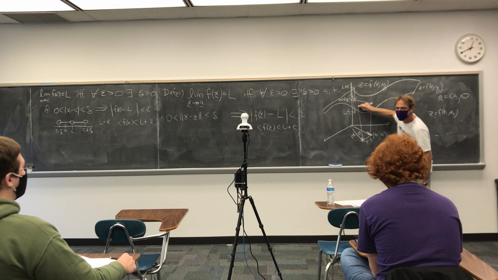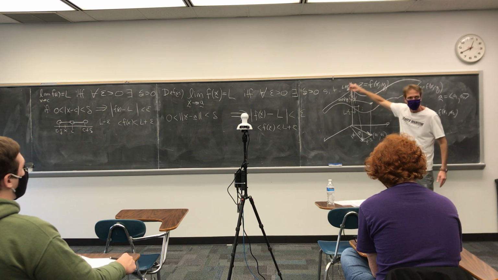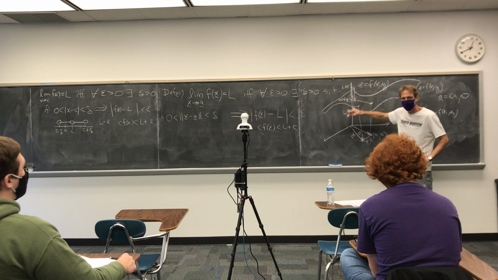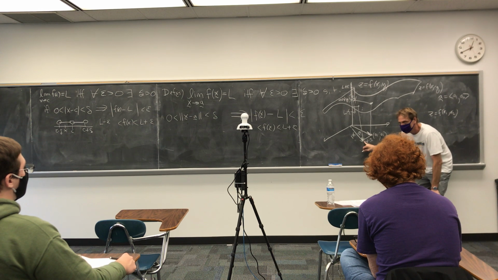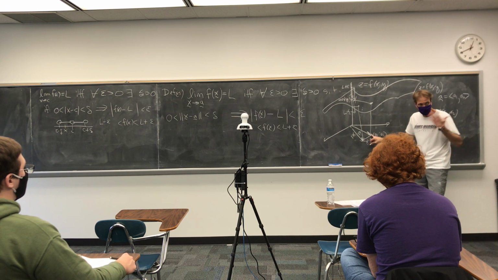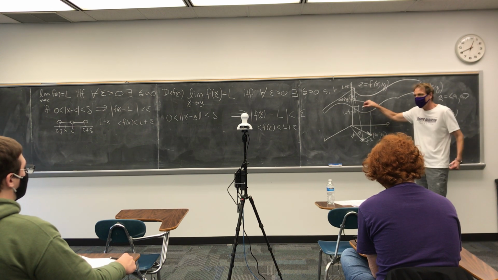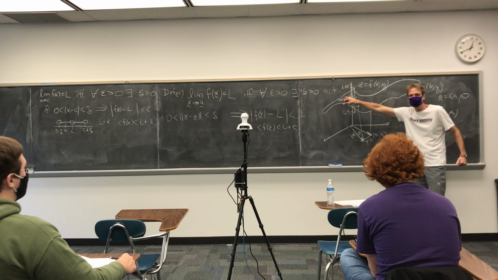The f of x must get caught in the catcher's mitt, between L minus epsilon and L plus epsilon. If I throw an x whose distance from a is less than delta, the f of x up on the space sheet must be caught between L minus epsilon and L plus epsilon.